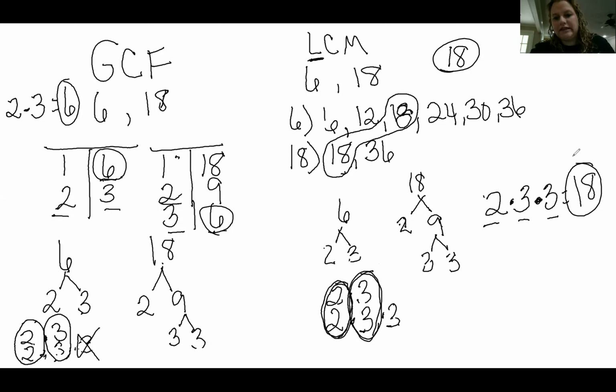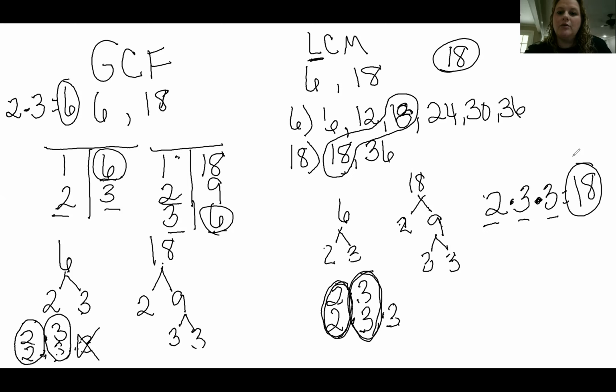So I'm hoping that gives you a little more of an understanding of the difference between factors and multiples. Factors are those numbers that could be multiplied with another number to give you your original number as an answer, or a product.